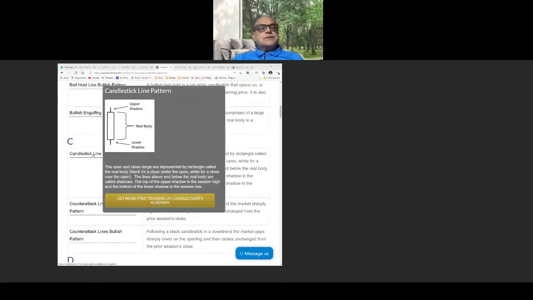Okay, the candlestick itself is every day there is a selling pressure on the stock and a buying pressure on the stock. So let us assume there is a buying pressure from the bottom. People are trying to push up the stock value, and there is selling pressure on the stock. They are trying to push the value of the stock down.